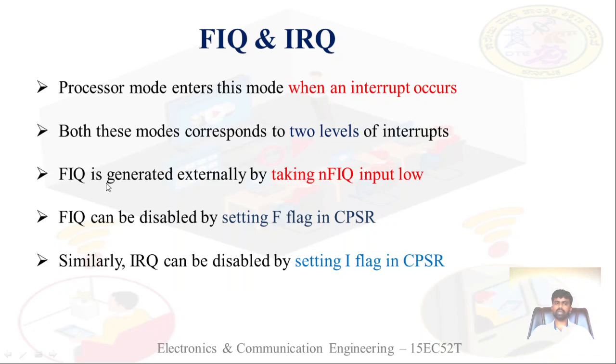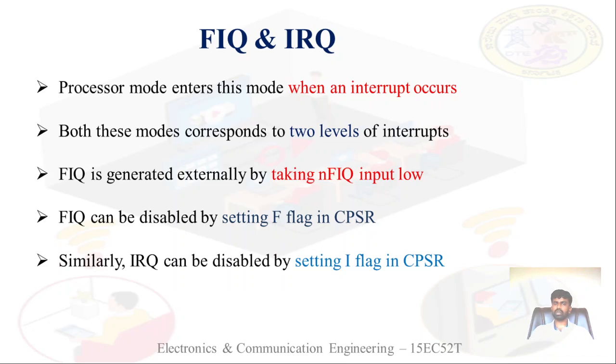FIQ, fast interrupt request, is generated externally. How? By taking the nFIQ input low. By taking this nFIQ low, it will generate FIQ interrupts. It can also be disabled by setting the F flag in the CPSR. Do you remember there is an F flag in the control field of the CPSR?